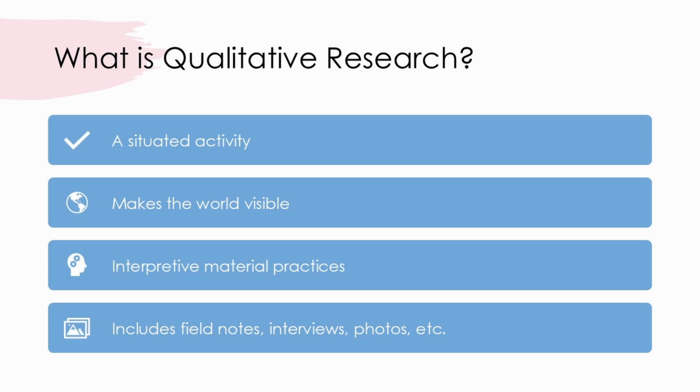What is qualitative research? Qualitative research is often described as a situated activity. This means it places the researcher directly into the world they're studying. According to Denzin, Lincoln, and Creswell, it consists of a set of interpretive material practices that aim to make the world visible.